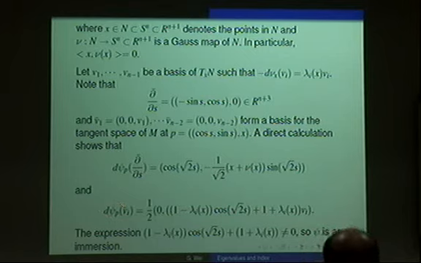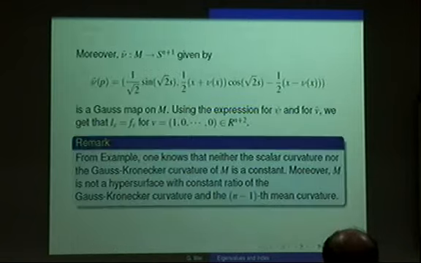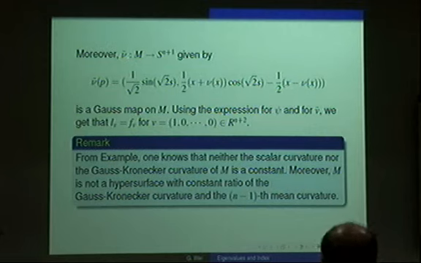So we can get that psi is an immersion, and moreover we can compute the map from M to the unit sphere given by this one, which is a Gauss map. Using the expressions for phi and the Gauss map, we get that RV and FV satisfy this relationship.